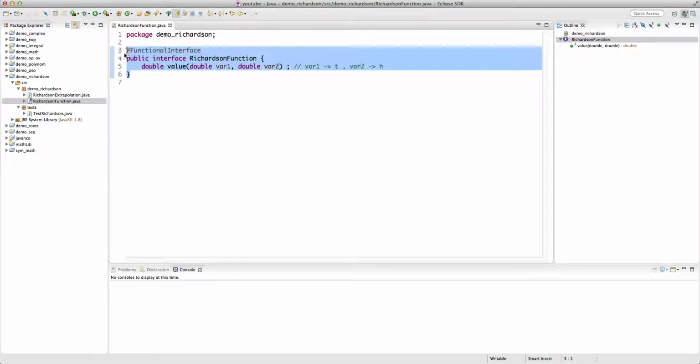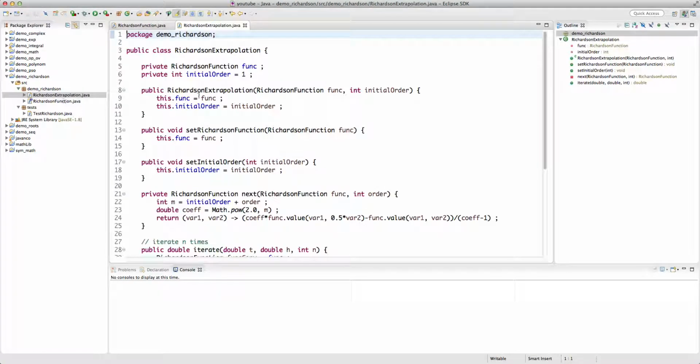So here I have the Richardson function interface. It just has one public abstract method, which is value, and it evaluates the function based on 2 variables, var1 and var2. var1 is t, var2 is h. In the Richardson extrapolation class, I have a private Richardson function and an initial order, which is defaulted to 1. I set it to 1 by default because this is the worst case that can happen, right?